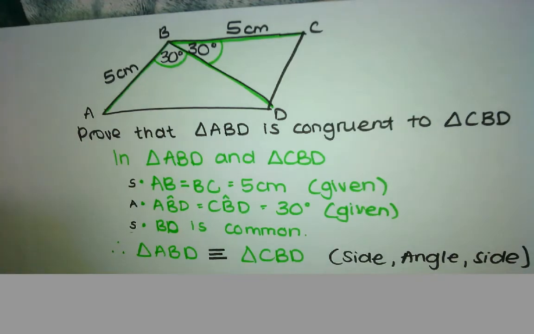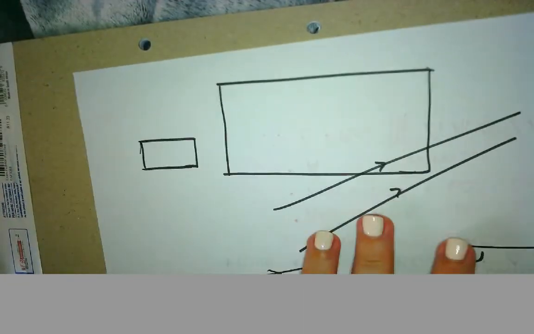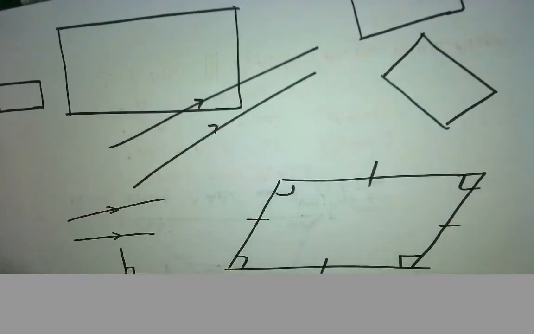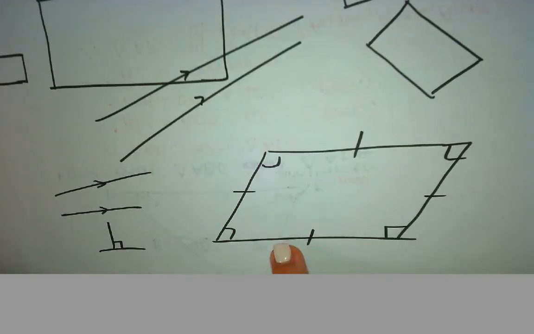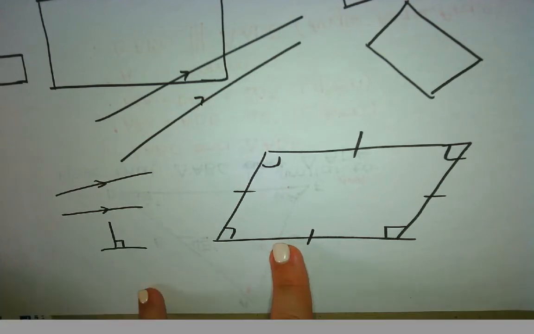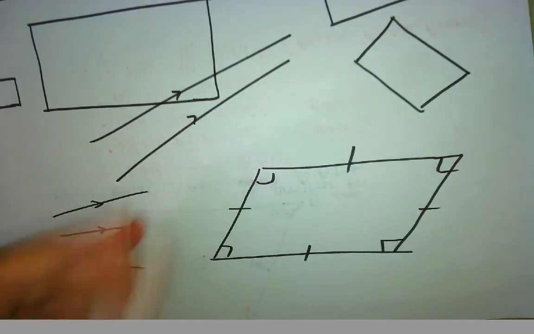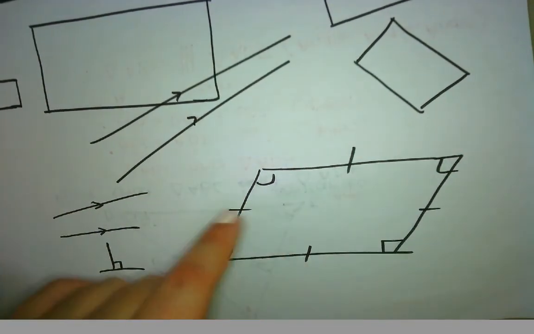Something that I also want to mention to you, because I mentioned it to the other kids, is that they might try to trick you. They'll give you something like this. It will look like a rhombus. It looks kind of like a rhombus because it's a little bit tilted and it's got all 4 sides the same length.